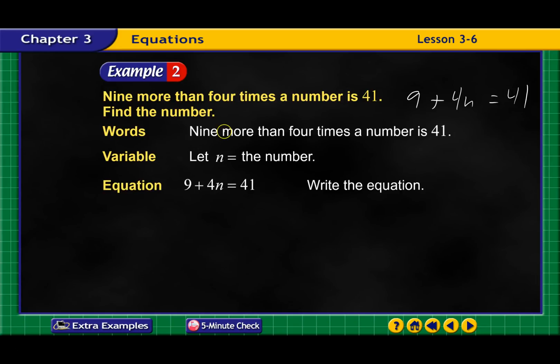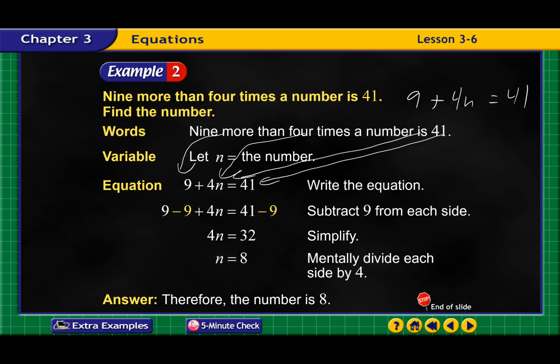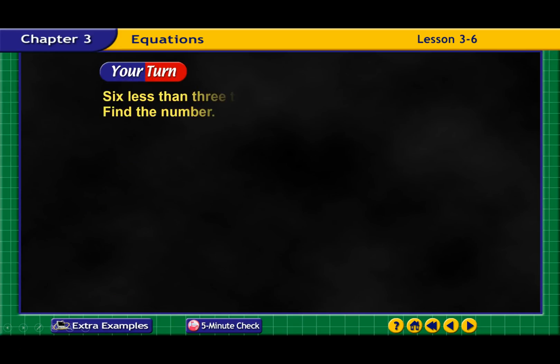Then we write 9 more than 4 times a number is 41. Then we have to find the number. So now we solve it. Subtract 9 from both sides. Divide by 4. And they're actually going to be nice to us. Mentally divide by 4, if you can. And therefore the number is 8.